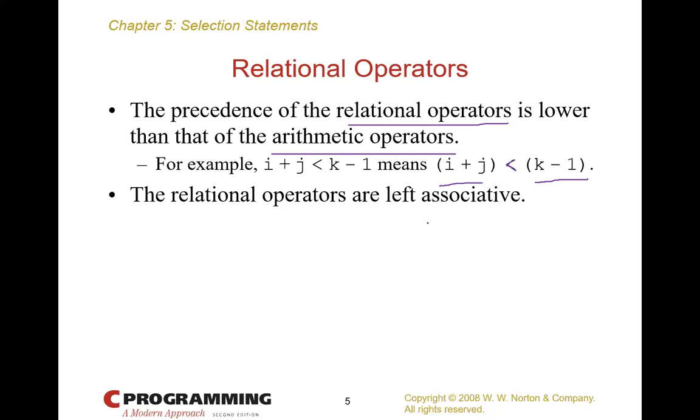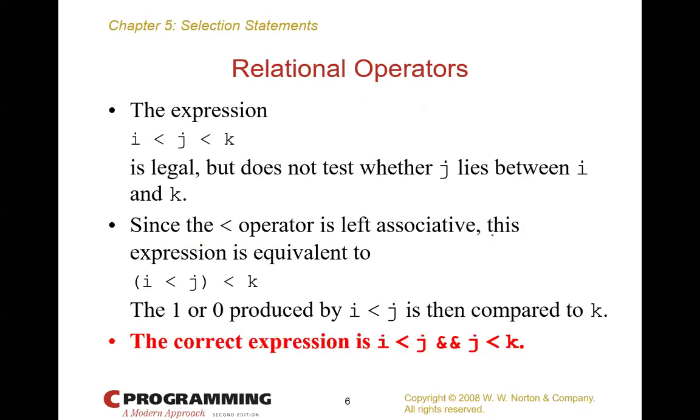And the relational operators are left associative, so they go from left to right. Because we said the relational operators are left associative, and we have 2 here, it means we go from left, and the result of this, we compare it to this.